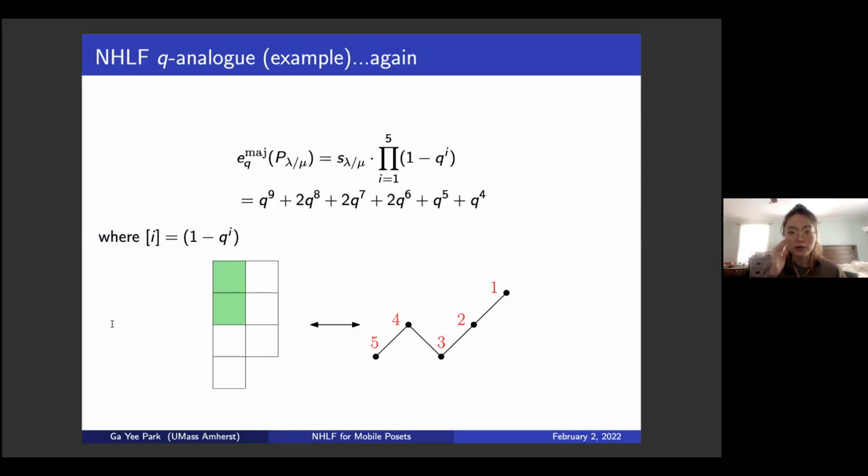So let's do an example here again. Everything in EQ major, we already did all the Naruse formula in the previous slides. So let's just convert this into EQ major slides and then EQ major stats and then see how that works. If I multiply this product, I would have this finite polynomial that corresponds to the major index.